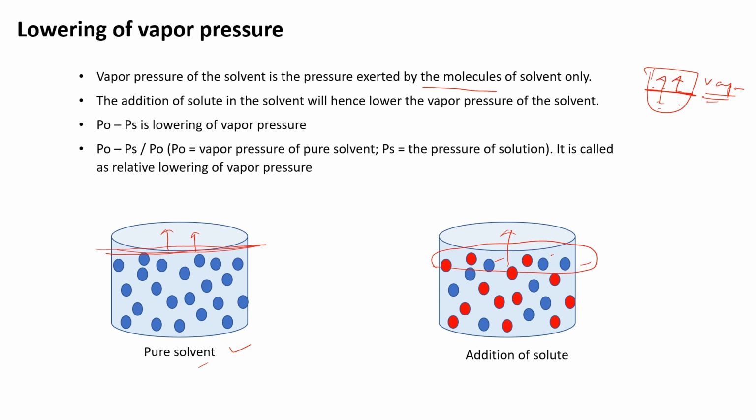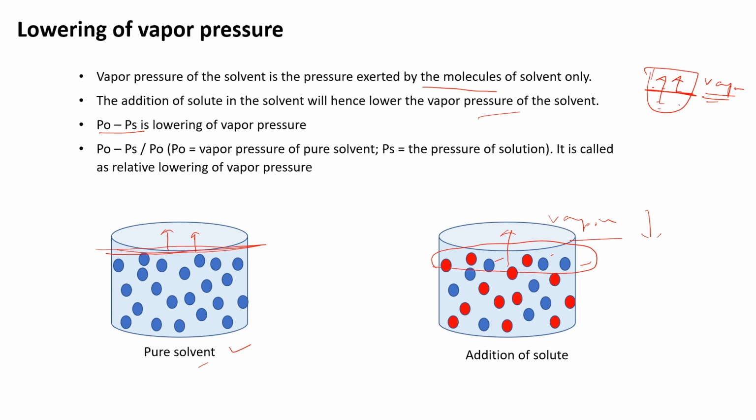When the evaporation is less, the vapor formation is less. When the vapor formation is less, they will exert less pressure. So the vapor pressure goes down, which is known as lowering of vapor pressure. Correct? So addition of solute in the solvent will decrease the vapor pressure.